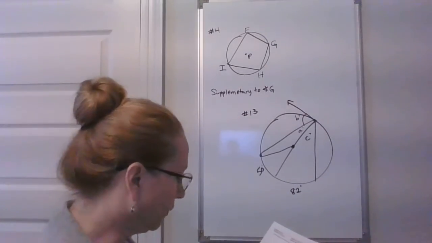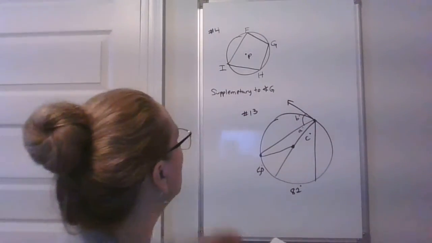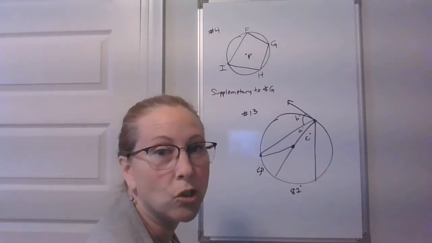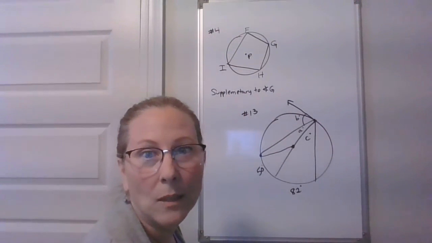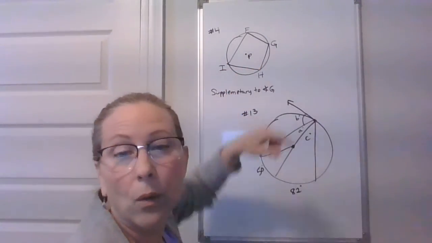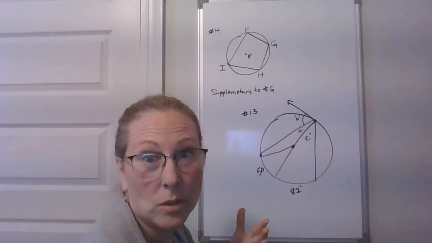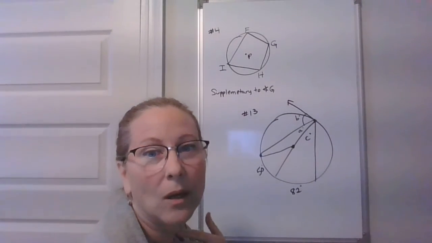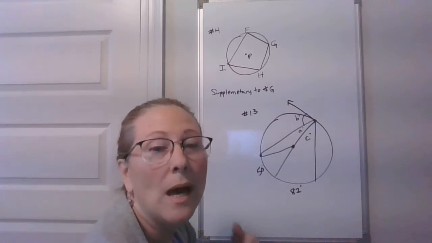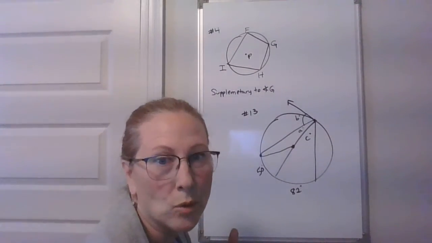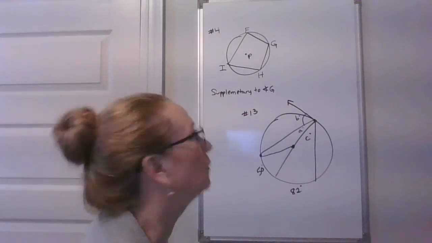All right, so the first problem requested was number 4. And it says, what is supplementary to angle G? Well, keep in mind, when you have a quadrilateral inscribed in a circle, we now have inscribed angles. Because of the inscribed angle theorems, opposite angles are supplementary in a quadrilateral inscribed in a circle.